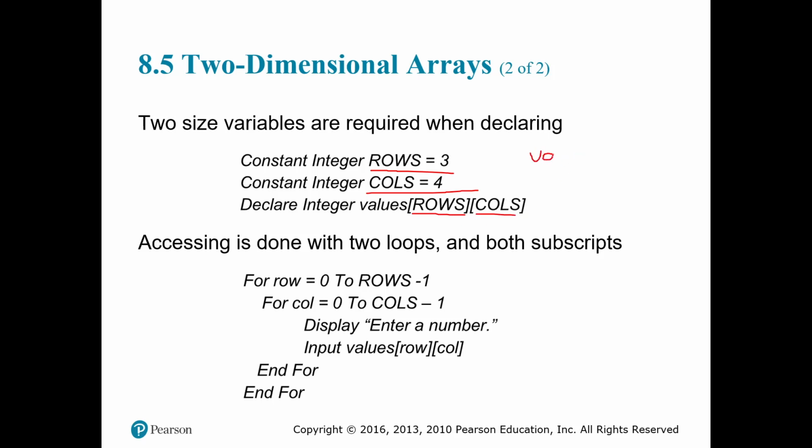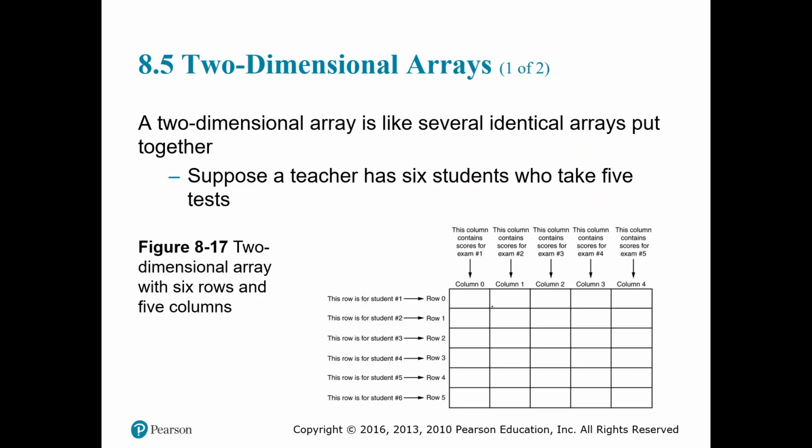So for example, you might see something like values 3, 4, right? Don't be scared. Don't be alarmed when you see this. It will just tell you that this is a two-dimensional array. And all you will have to do if you want to find your value that's at the location 3 and 4, let's look here. We will look at the rows first.